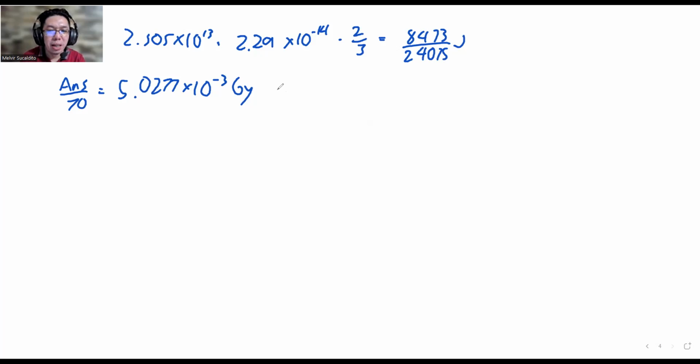Then from there, calculate the rem. Rad times the RBE. So convert that to rem. Convert that to rad. Your gray, convert it to rad. Joules per kilogram.